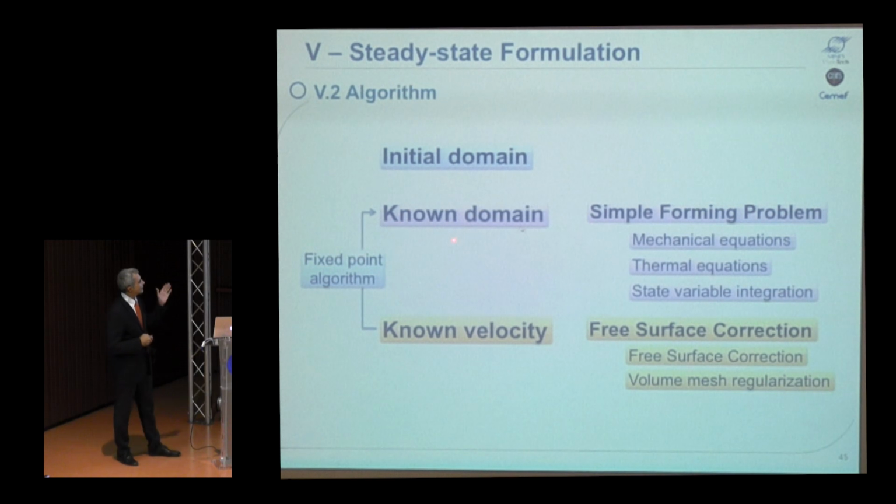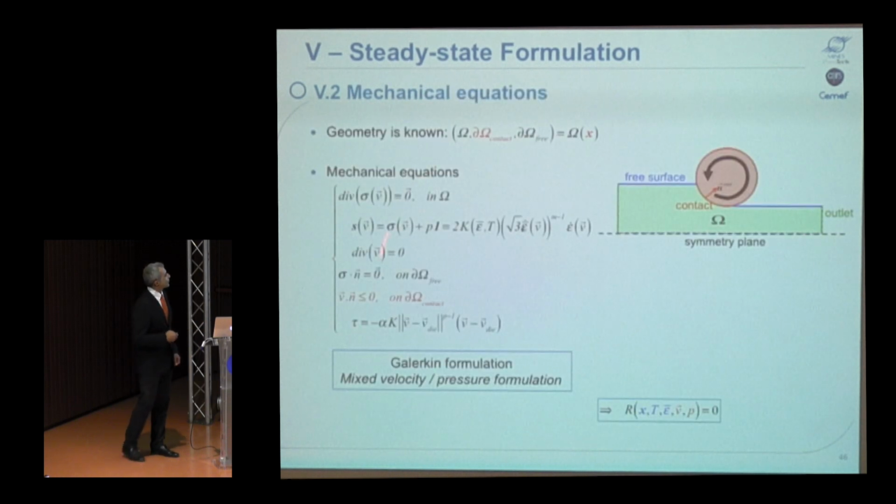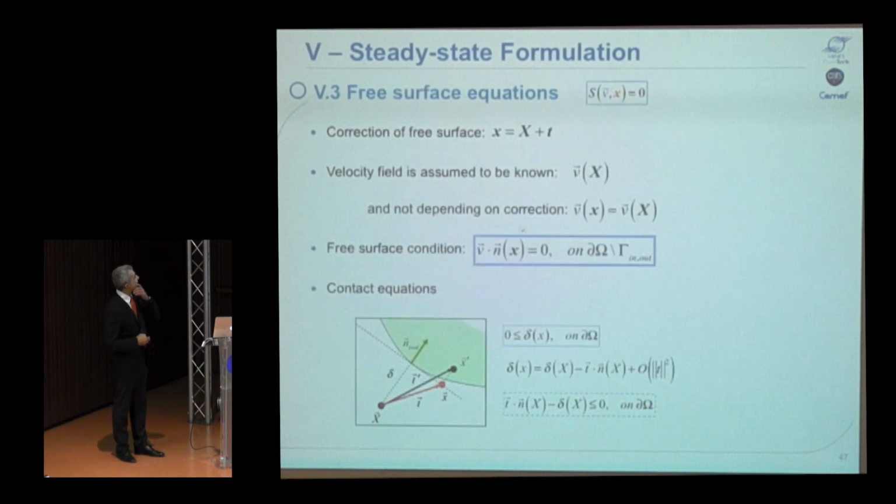The basic idea is we start with a known domain. On that domain, we solve the different equations, mechanical, thermal, and maybe state variable integration. And once we have the velocity field, we suppose that it is known, and then we update the free surface. The mechanical equations are recalled here and are the same as the ones I have shown in the introduction.